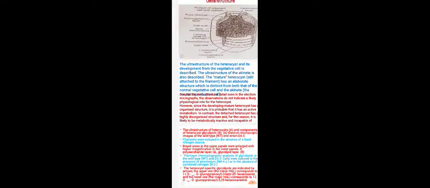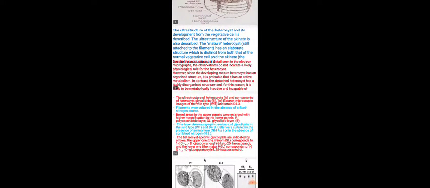In ultrastructure development, a vegetative cell-like structure is seen, but here the mature heterocyst, which is still attached to the filament, has a more elaborate structure than that of the normal vegetative cell.